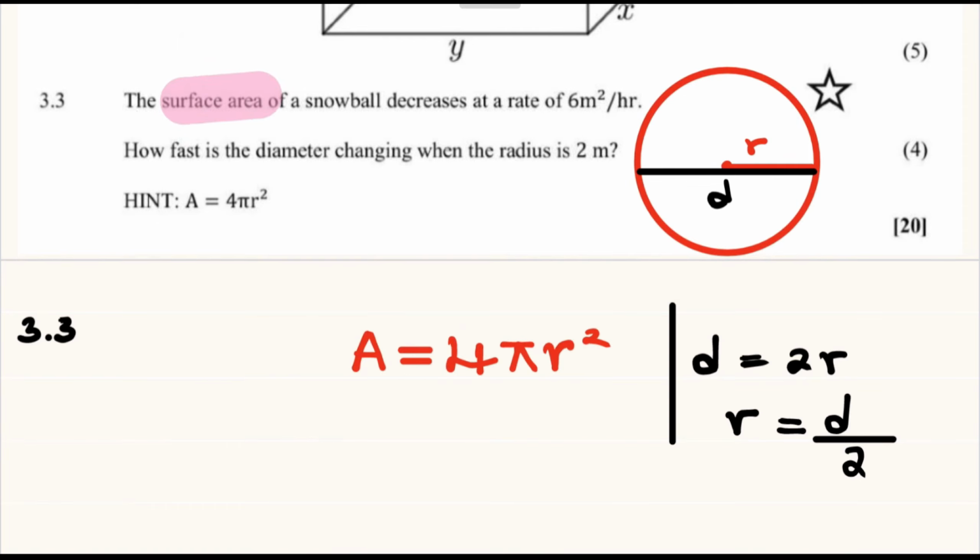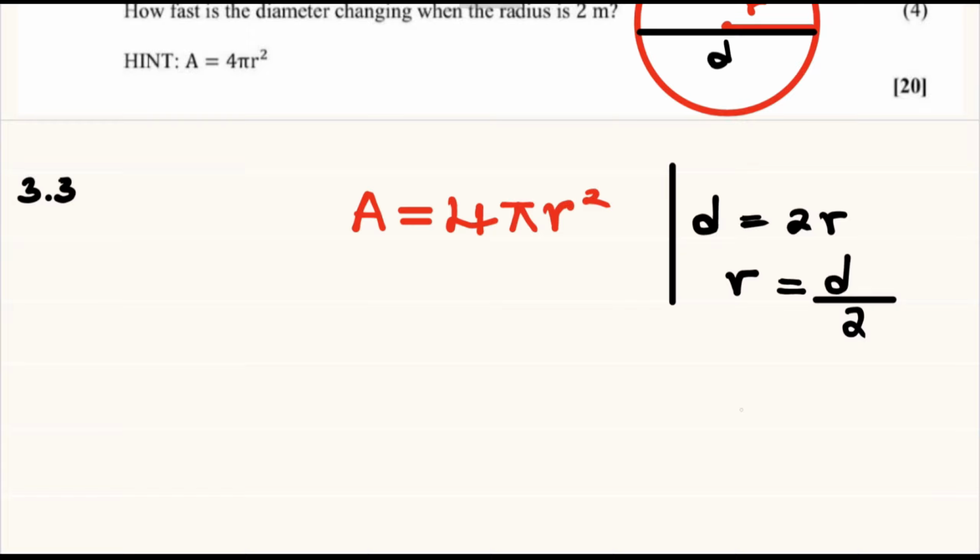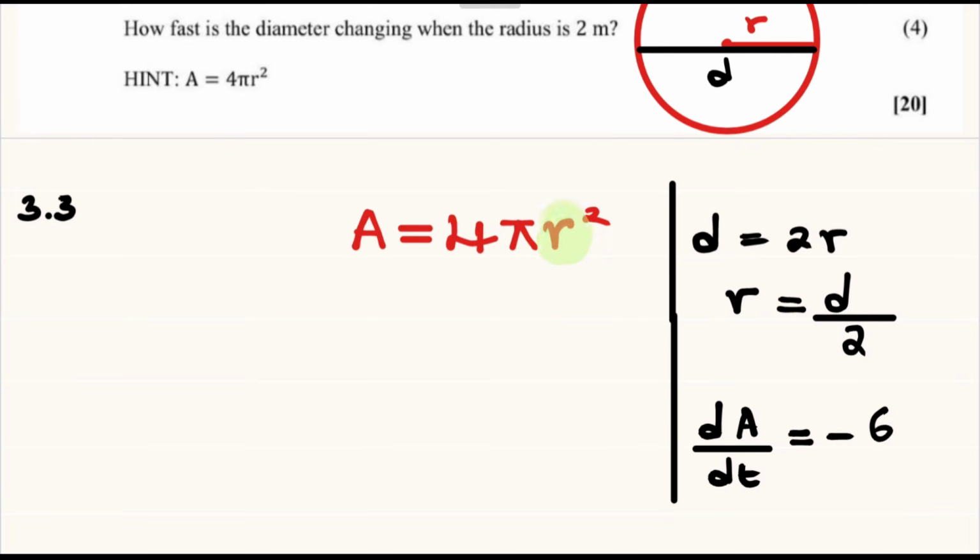And we are told that the surface area is decreasing at a rate of 6 meters squared per hour. So the derivative of the surface area with respect to time is decreasing, and the decreasing part is shown by the negative. So we have this as negative 6 meters squared per hour. In the place of that r, we are going to substitute the d divided by 2.